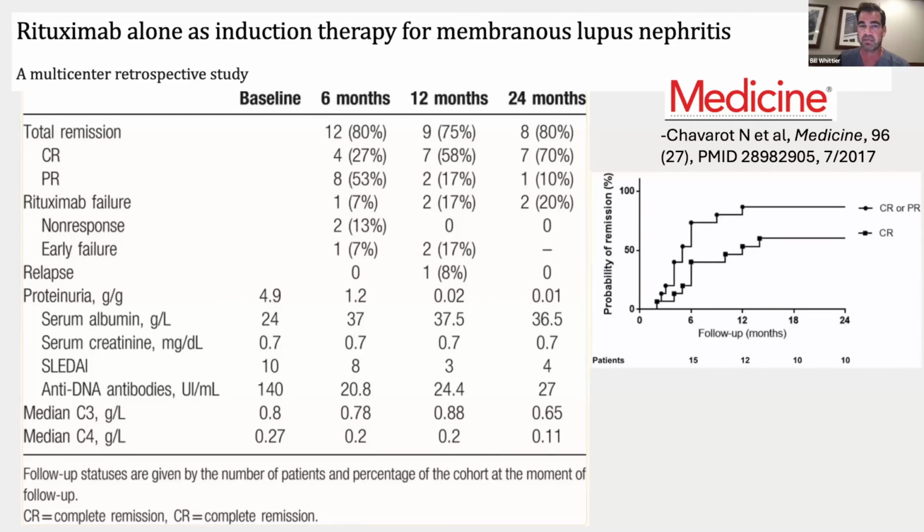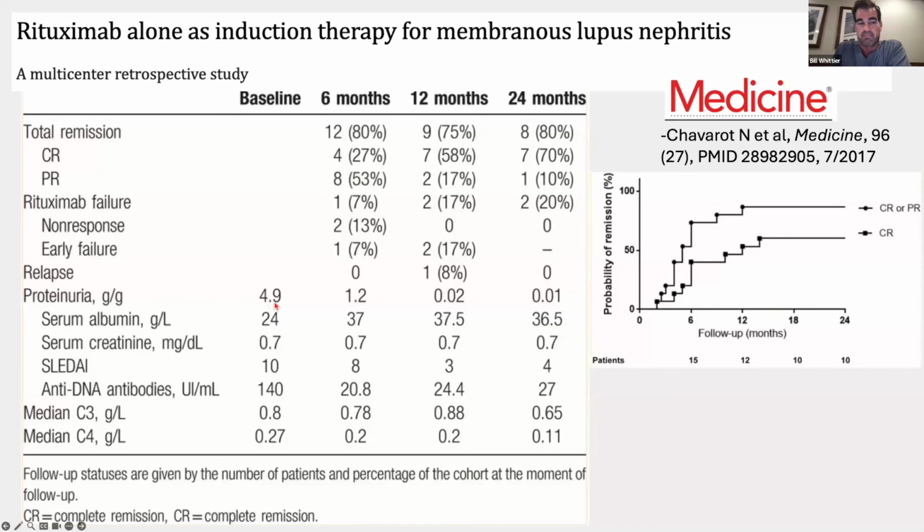15 patients, pure membranous lupus, Rituxan alone, no CellCept, no steroids, and they achieved actually quite a bit of remission. They had an 80% total remission, 80% complete and partial together, very few rituximab failures.